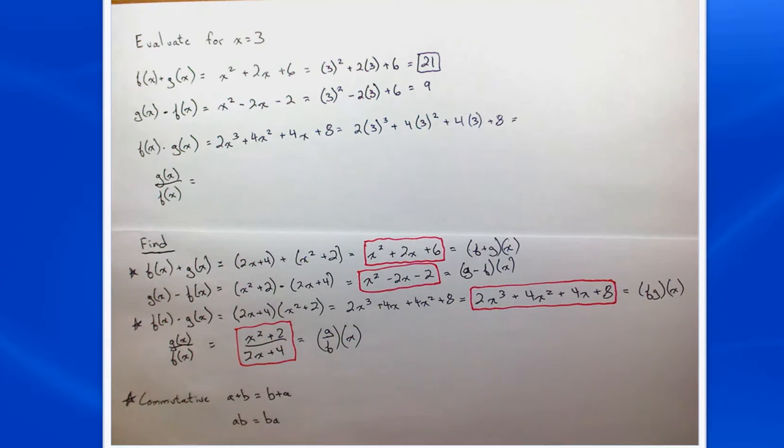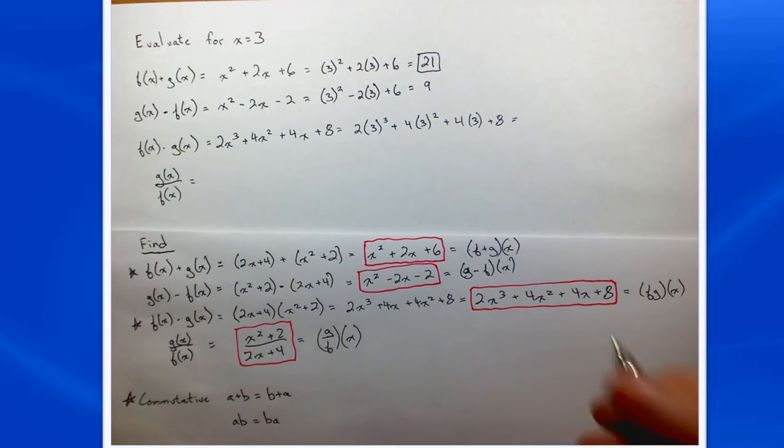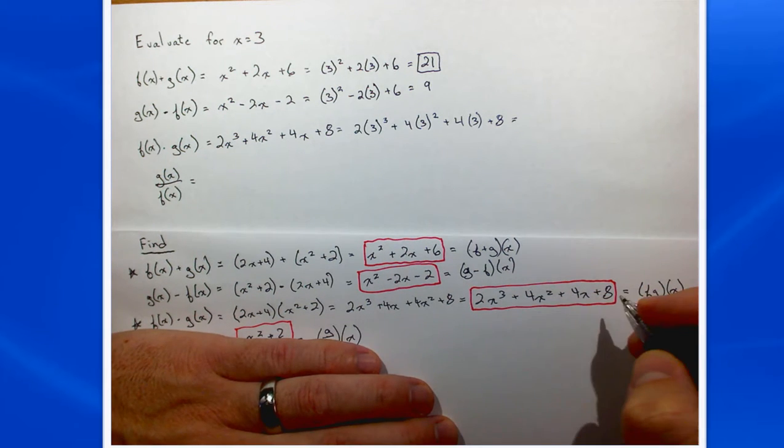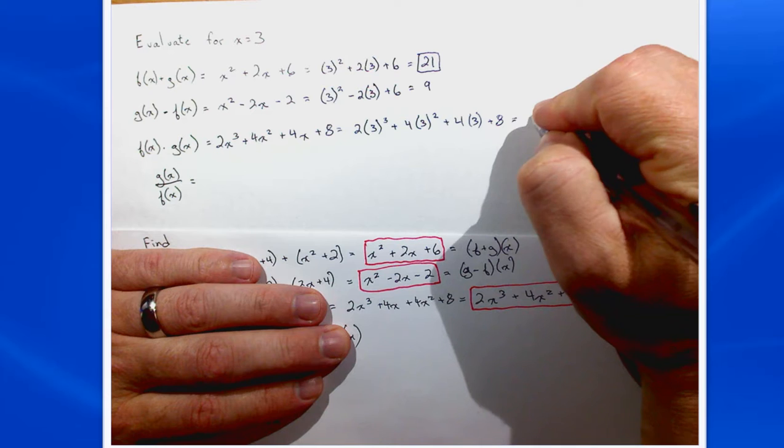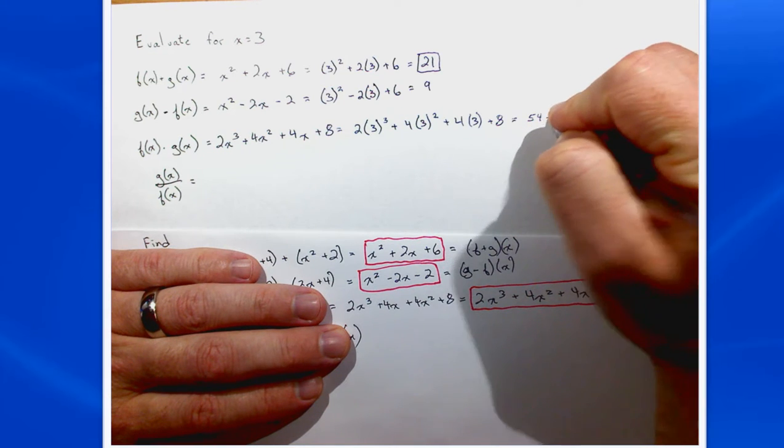Alright, so 3 cubed. 3 cubed is 27. And 27 times 2, that's 54. I'm going to write these out. I won't be able to remember them all.